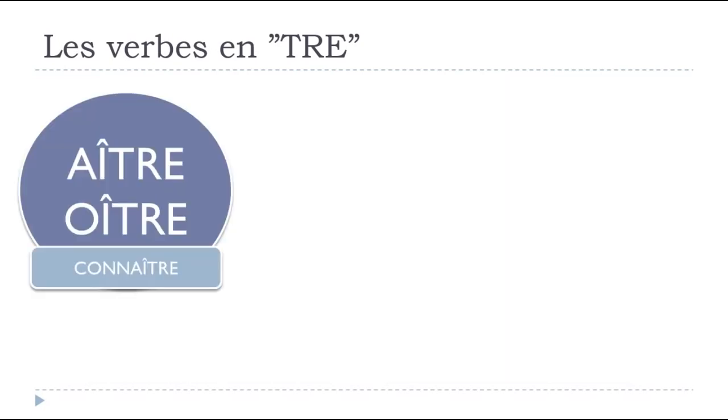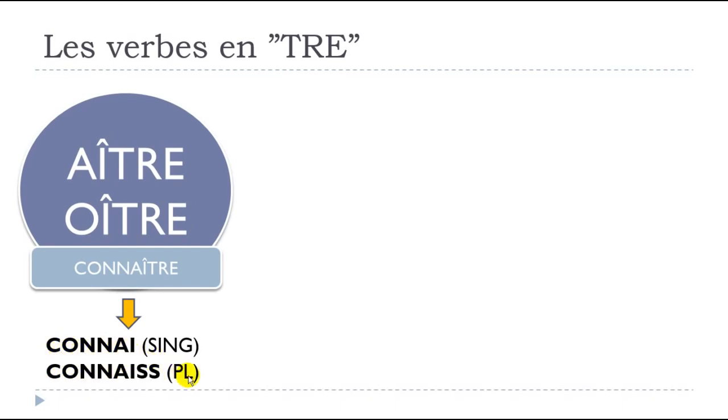For this group, I thought it might be interesting to have the verb connaître. Connaître is to know, and we use that quite often. Basically, we have the same kind of situation: for the singular form, we have one stem, one root, connaît, like that.